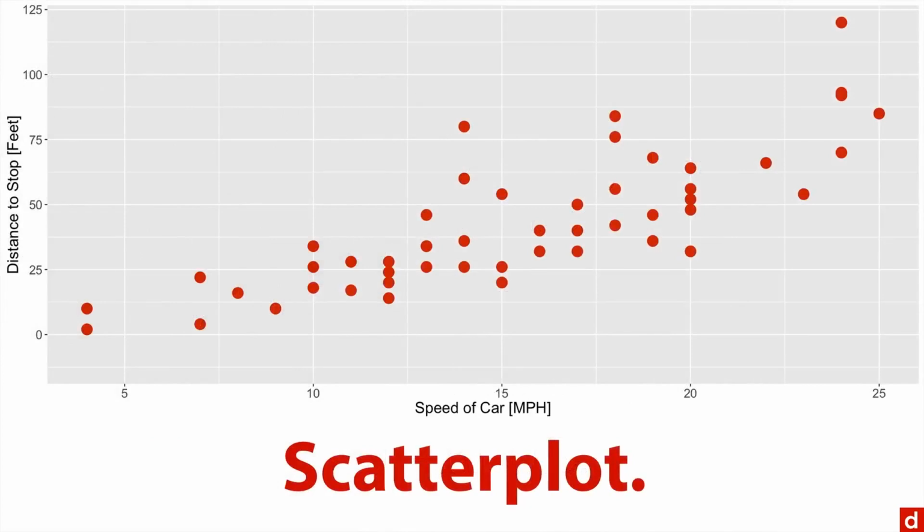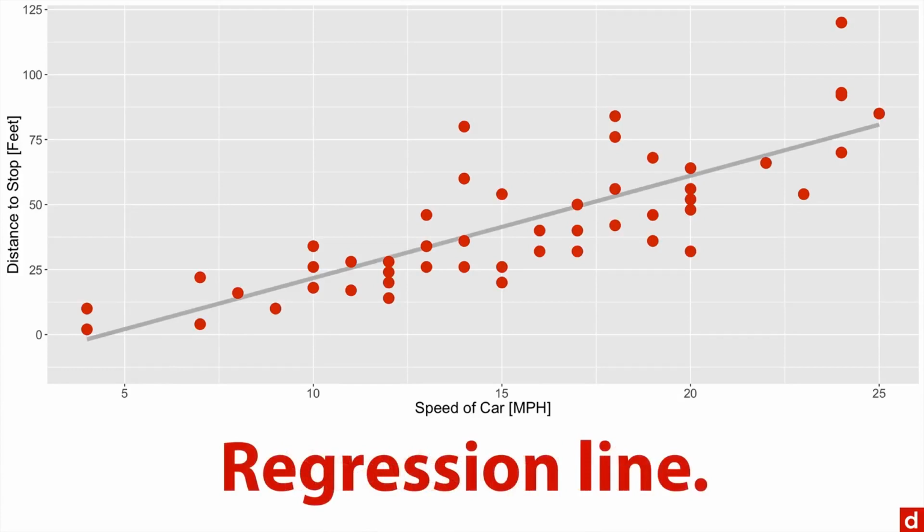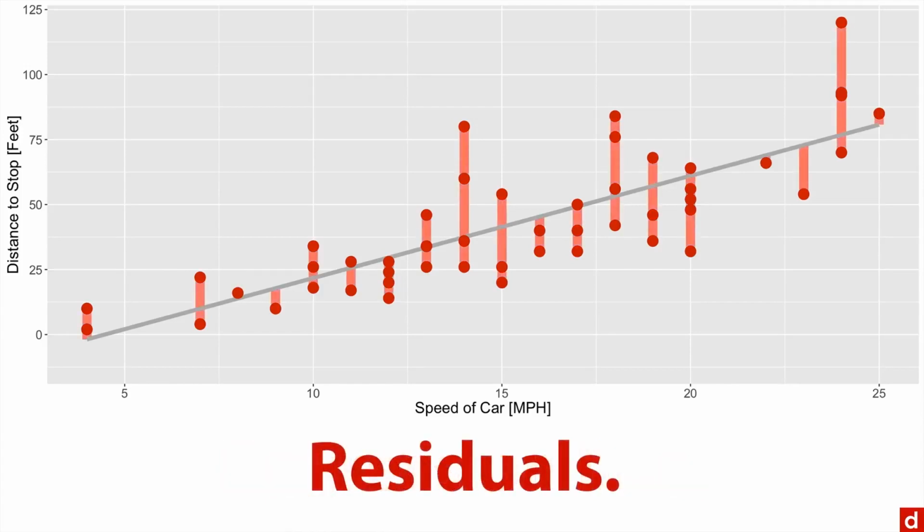Let's take a scatter plot here of an association between two variables. This is actually the speed of a car and the distance to stop from about the 20s, I think. We have a scatter plot here, and we can draw a straight regression line through it. Now, the line that I've used is in fact the best linear unbiased estimate, but the way that you can tell that is by getting what are called the residuals.